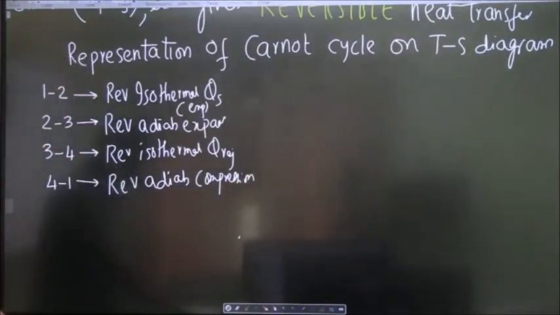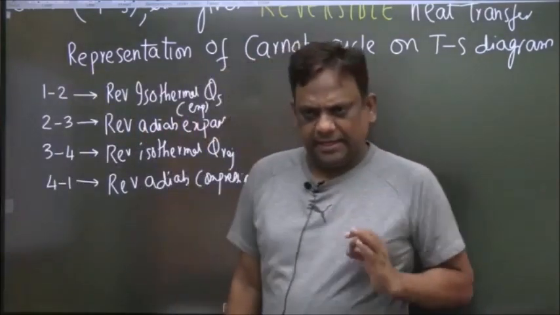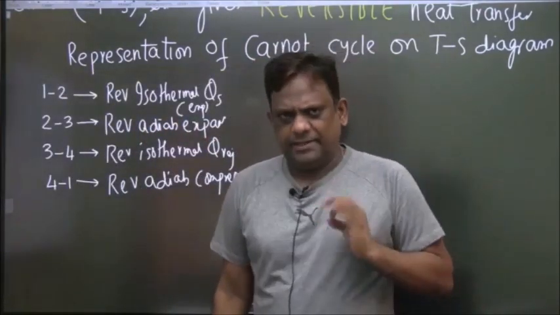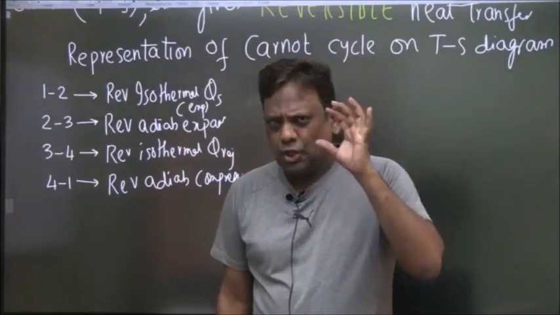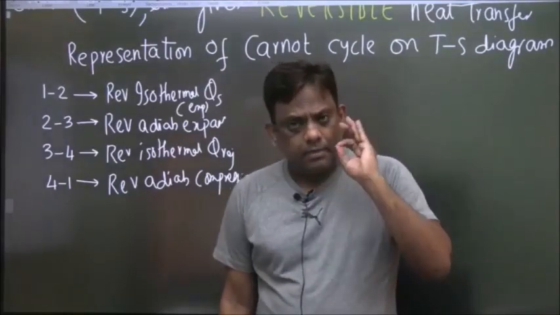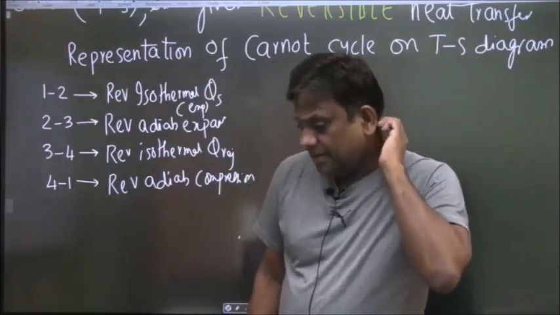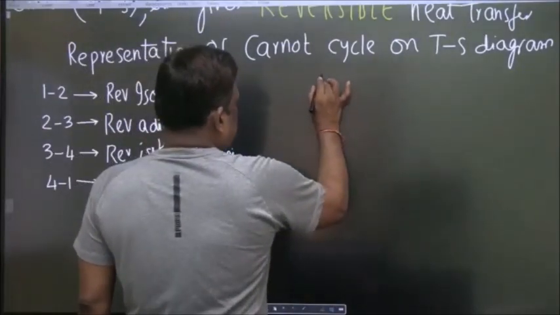Already I had explained the Carnot cycle. I repeat, my dear friends. There are 4 processes, 2 isothermal and 2 adiabatic, but all are reversible. Yesterday we saw some good concepts. Please observe and understand.